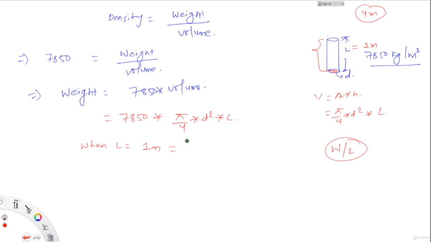Also, you need to understand that for this d square, that is the diameter, normally when we talk, we say that the diameter of this rebar is 8 mm, 12 mm, 16 mm. We don't say that the diameter is 0.008 meter or 0.016 meter, right? So let us convert all these meters.